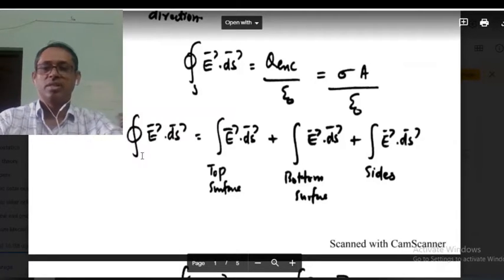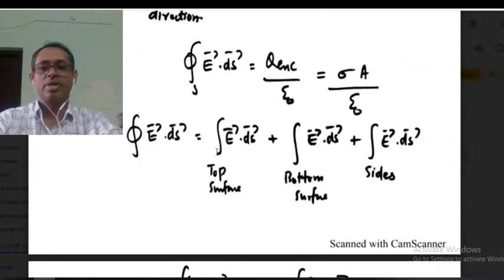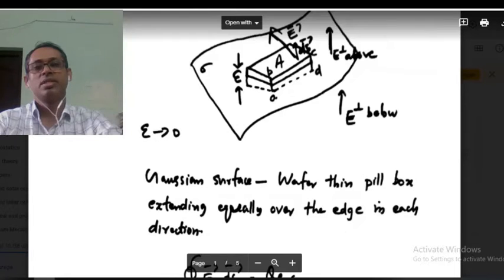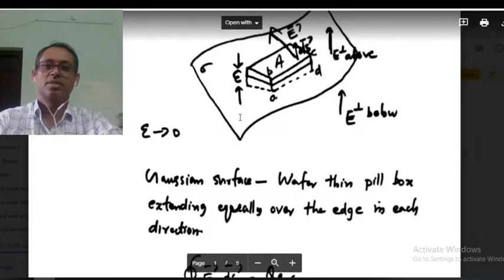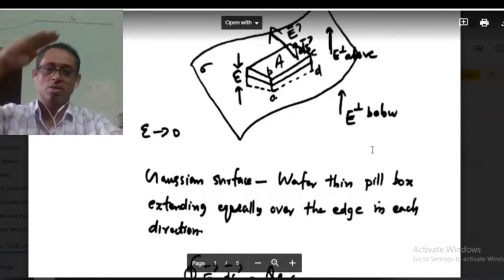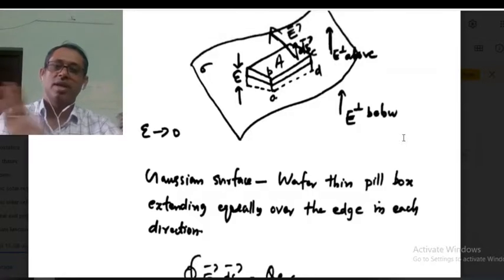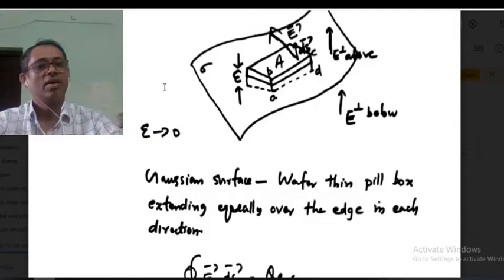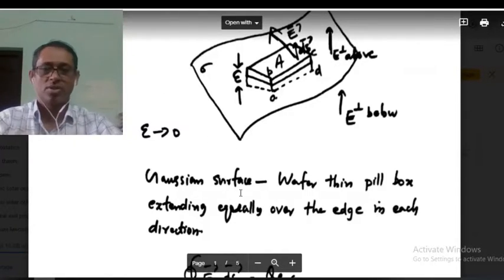Now what is this integral E dot ds, the flux? For that we have to consider the top surface, the bottom surface, and the sides of the box.